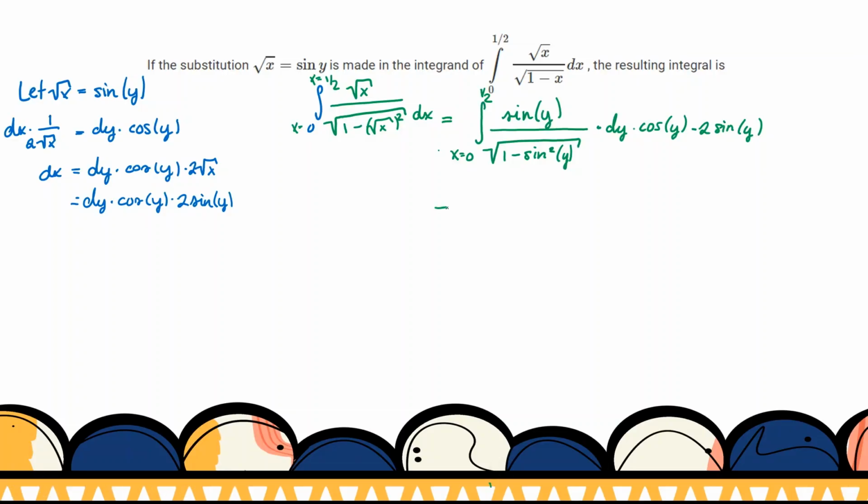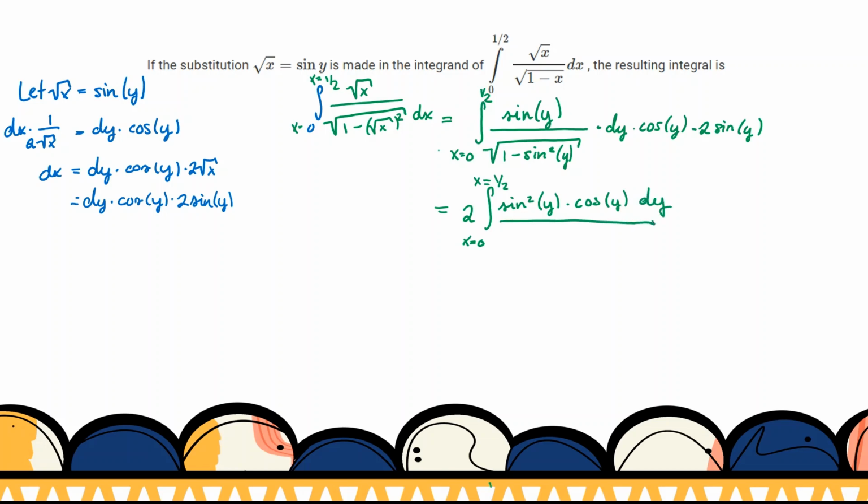Okay, I can pull that 2 out. We have x equals 0, and then x equals 1/2. So I can pull the 2 out, and I can combine the sine terms. So I have sine squared of y times cosine of y dy.